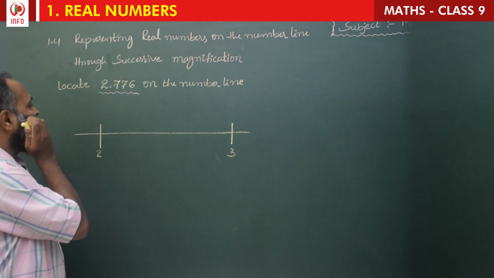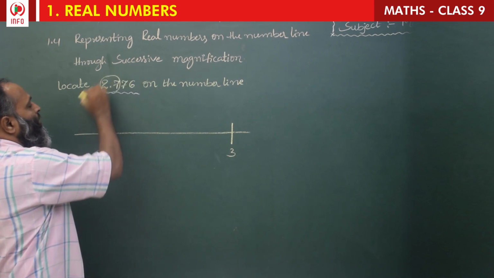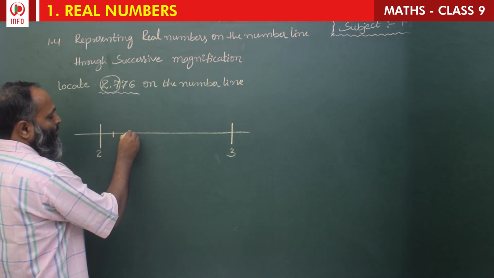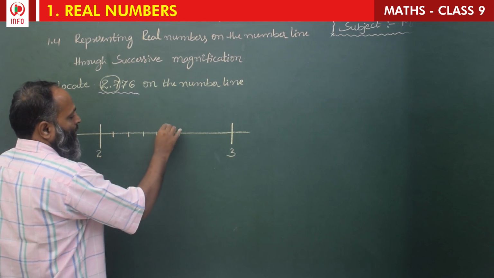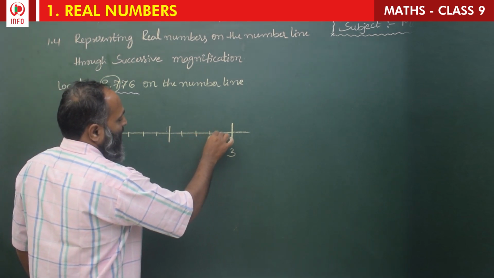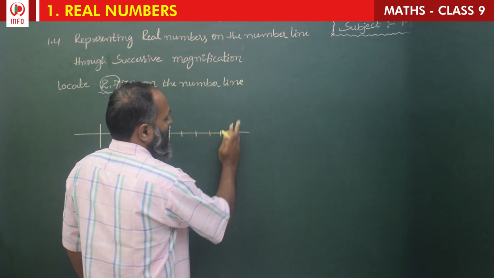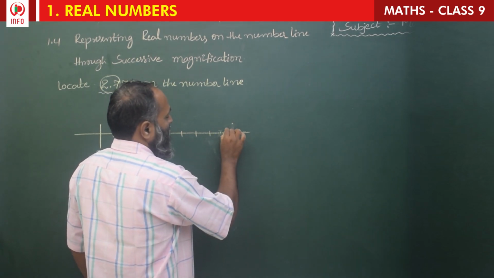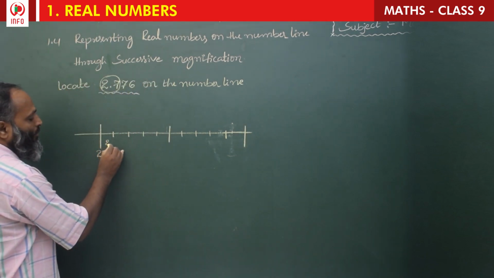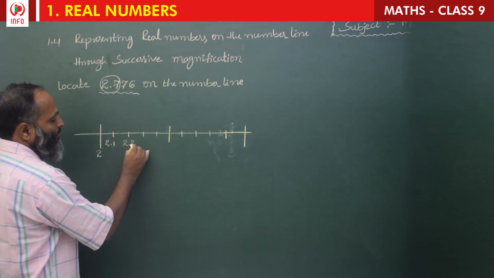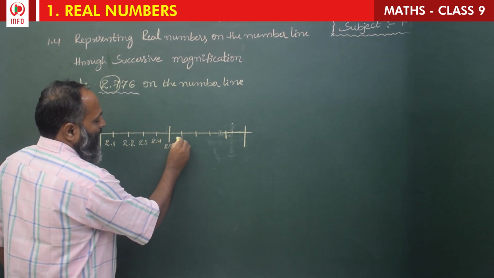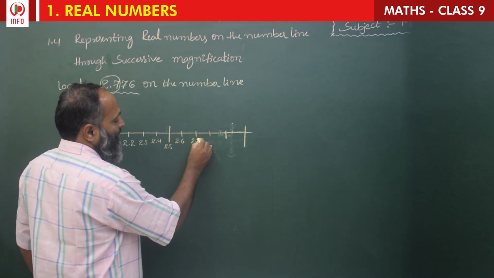First we should locate 2.7. Where is 2.7? Here we have 2.1, after that 2.2, 2.3, 2.4, 2.5, 2.6, 2.7, 2.8, 2.9, and 3.